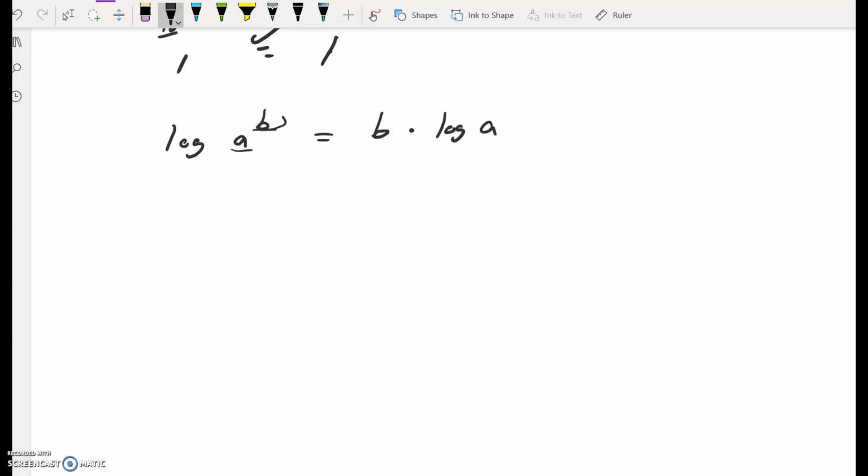In other words, this exponent can come down and go in front and be multiplied. It's not immediately clear why, but it has to do with when you have something to a power like this, you can kind of multiply. That's the underlying idea.